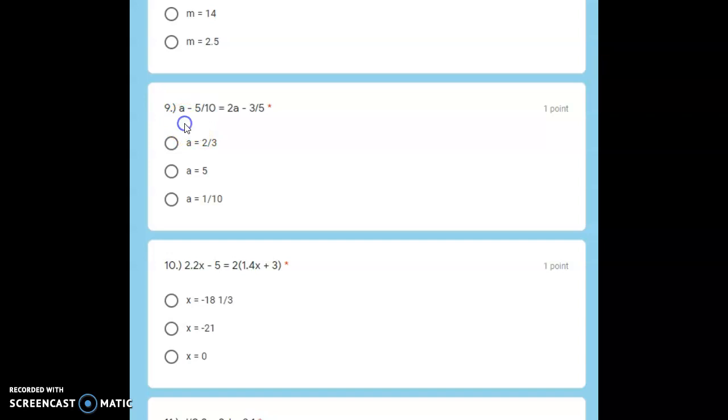So this problem would be a minus 5/10 equals 2a minus 3/5. These 3/5 and the 5/10, those are fractions. So if you want to rewrite out the problem, you would write it as a fraction. A minus 5/10 equals 2a minus 3/5.